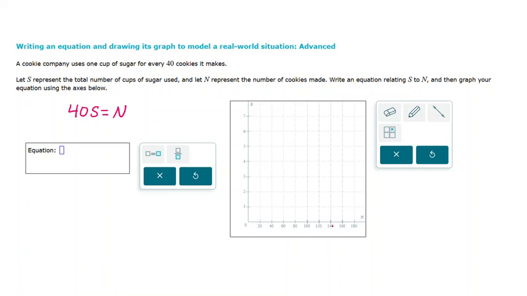I can see that the way this is written, the N is going to be the x variable, and the S is going to be the y variable. Another way that I could write it was I could move the 40 over, and that would give me S equals N divided by 40. I think Alex will take either version of the equation. So that would be my equation for this.